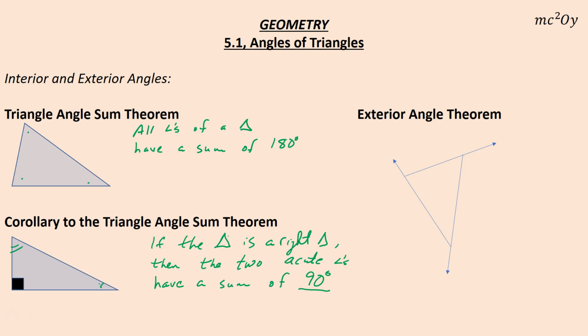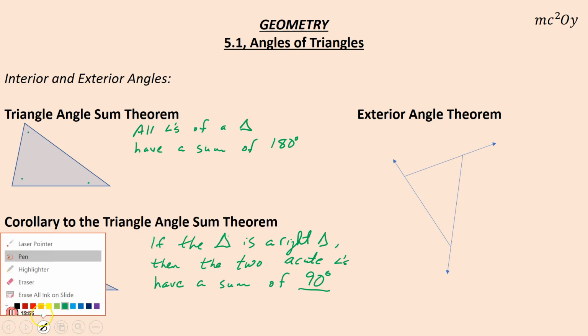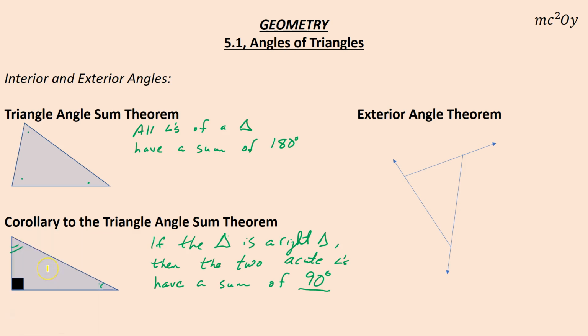All right, the last one says the exterior angle theorem. I'm going to highlight some angles here. So let's say I have this angle right here, that straight angle right there, and that straight angle right here. And now remember, straight angles form 180 degrees. So this straight angle is 180.